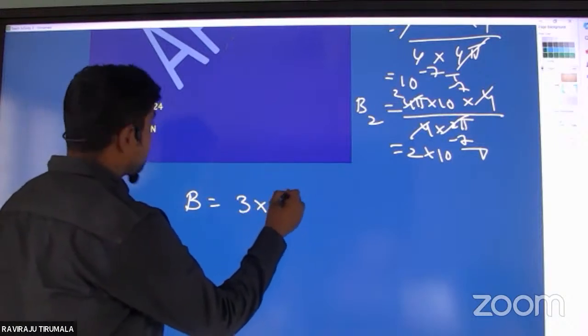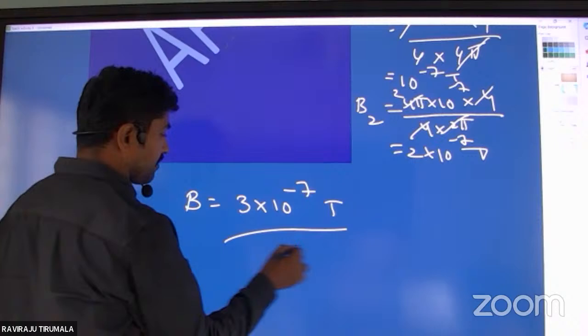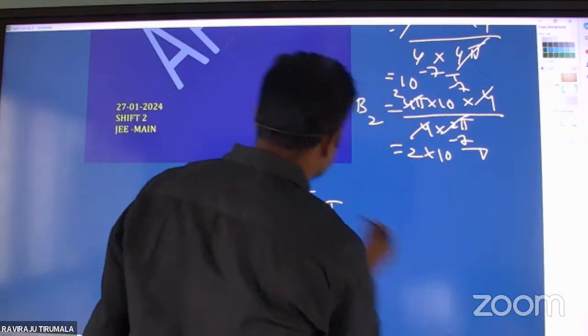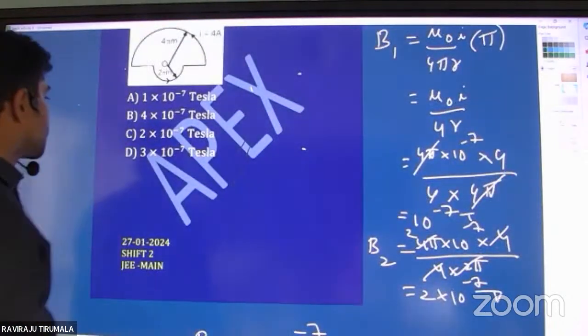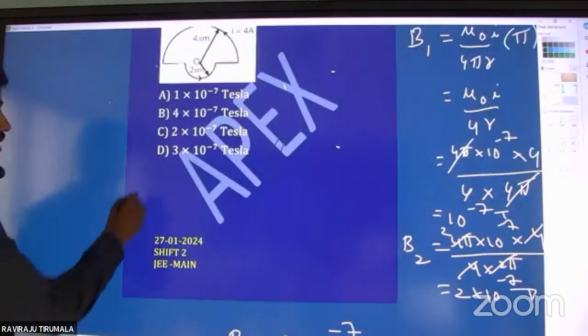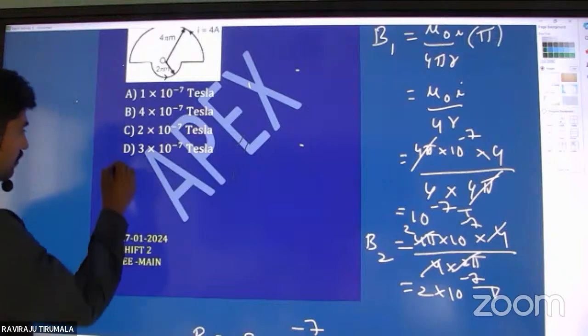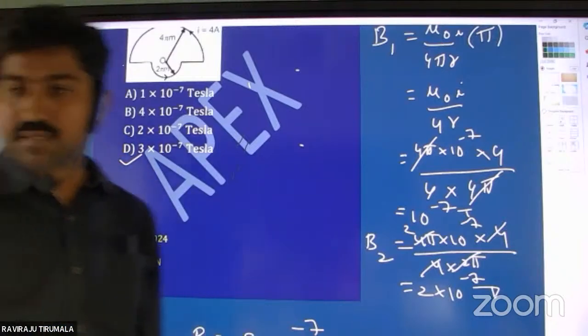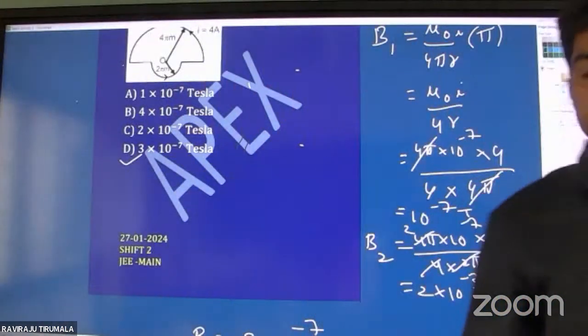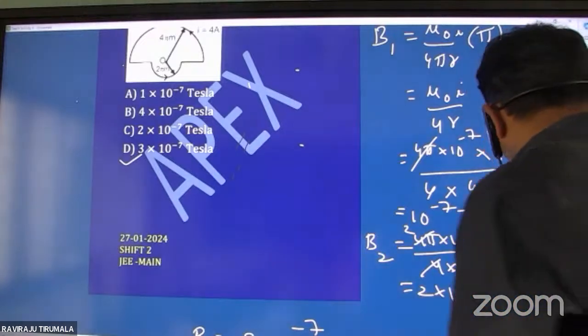Totally it will be 3 into 10 power minus 7 Tesla. So the fourth option is the correct one. All of you understand? Now, go to the next question.